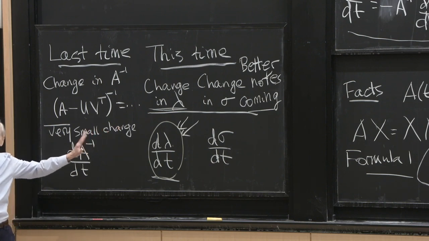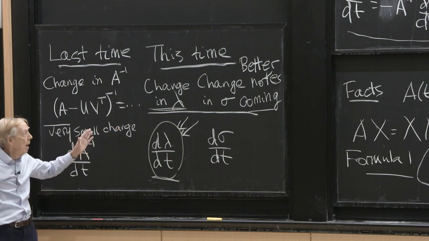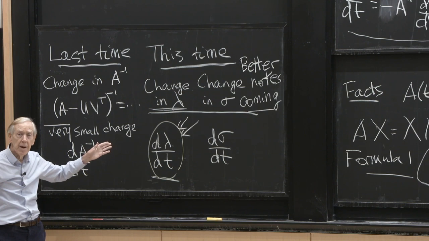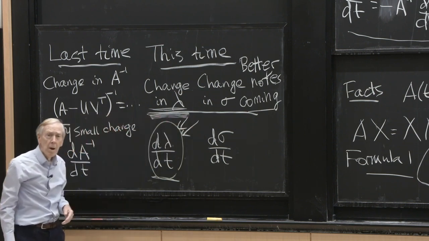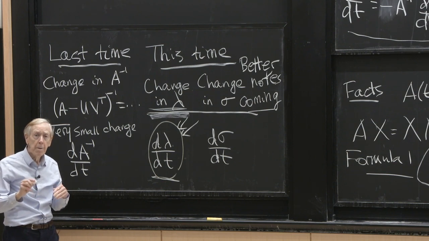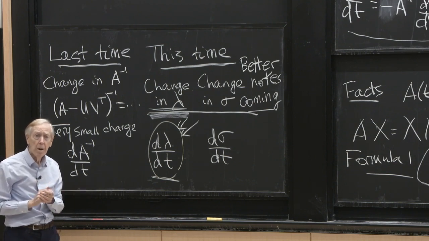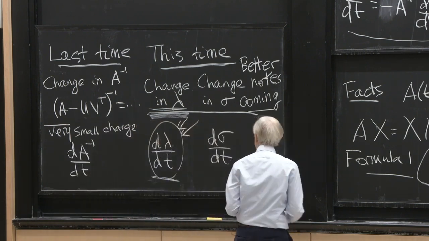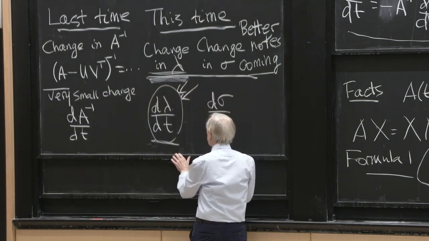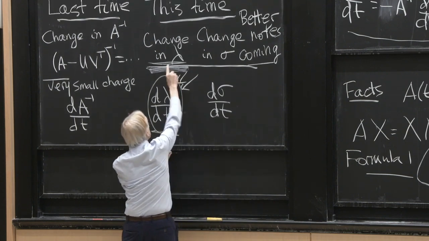Now say, what can we say about the change in the eigenvalue? And I'll just stay, first of all, with eigenvalues. When the change is rank 1. This is a perfect example. When the change is rank 1.